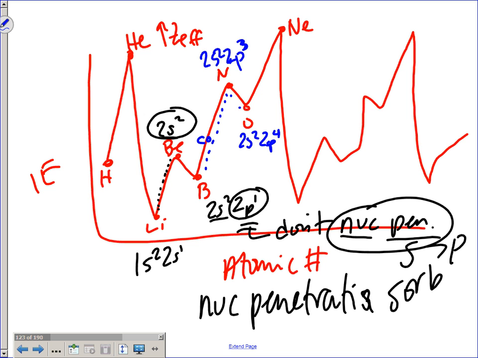Okay, we explain between 2A and 3A with nuclear penetration because orbitals now become different. How do we explain 6A as an exception? Whenever you look at the electron configuration, there are now 2 electrons in that orbital, so they will repel each other. It's easier to get one off.